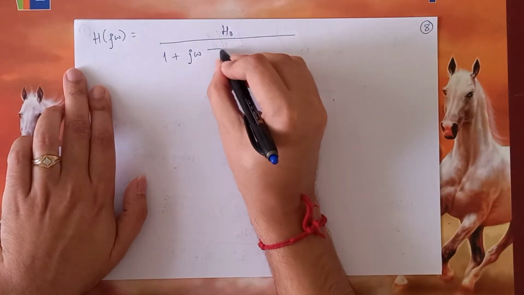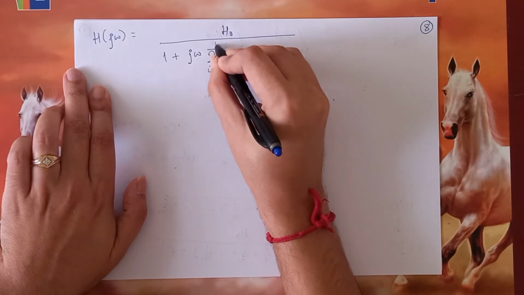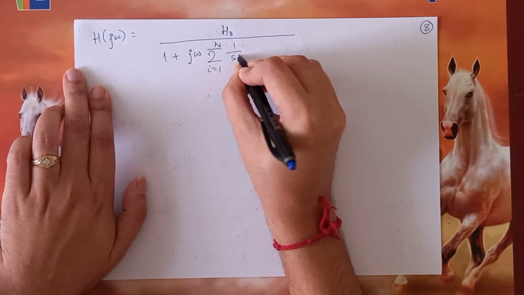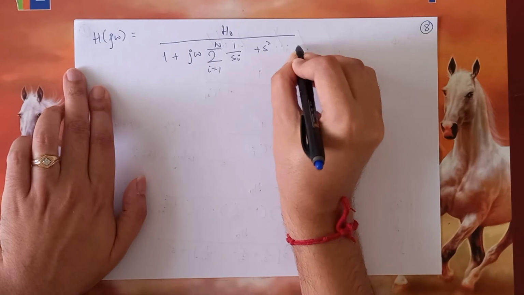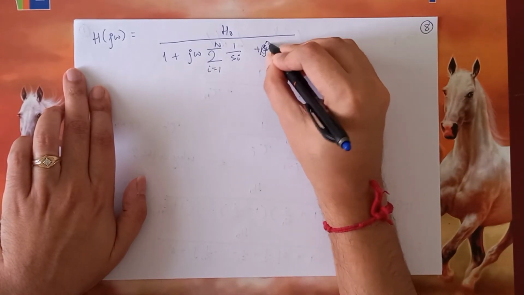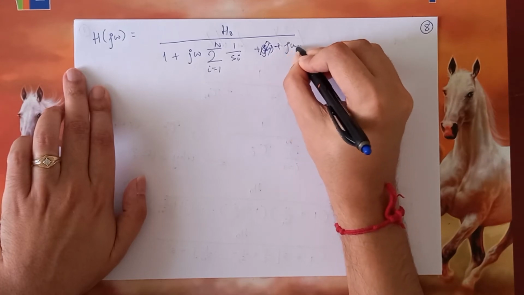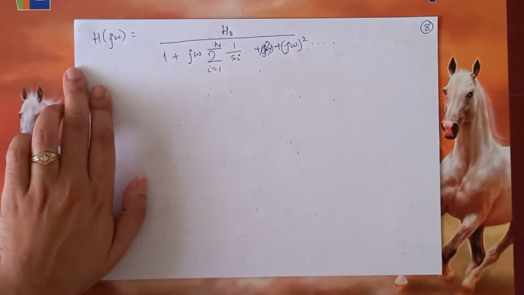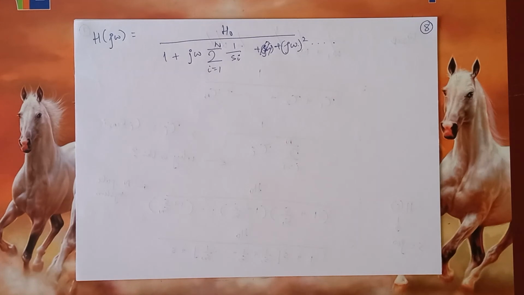So let me again write it in the summation form. Sorry, it will be j omega squared for the higher terms. So that is for the time being not of our interest.